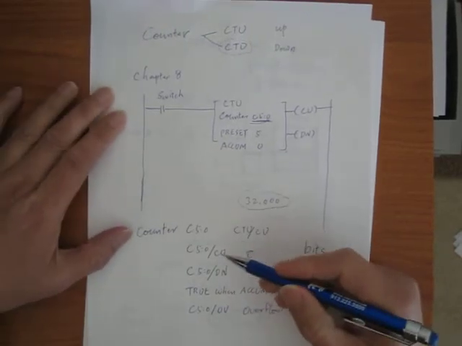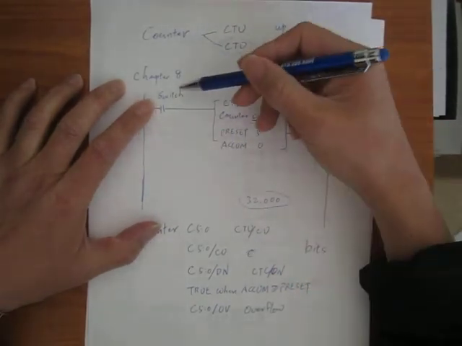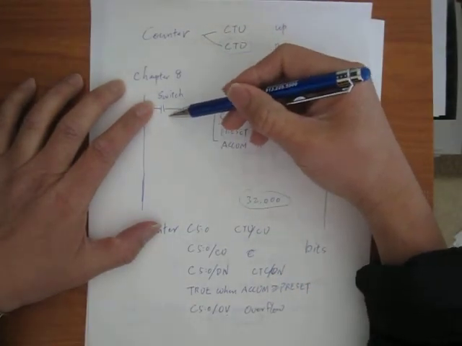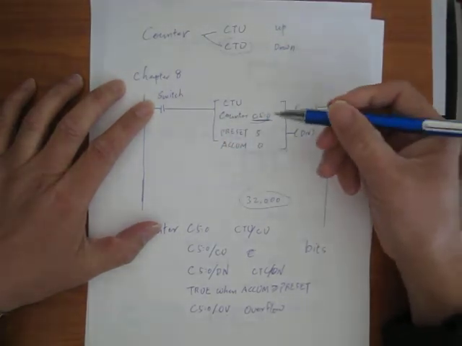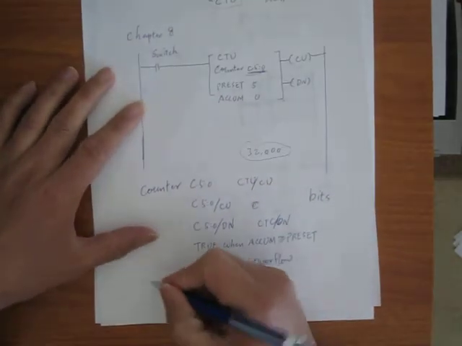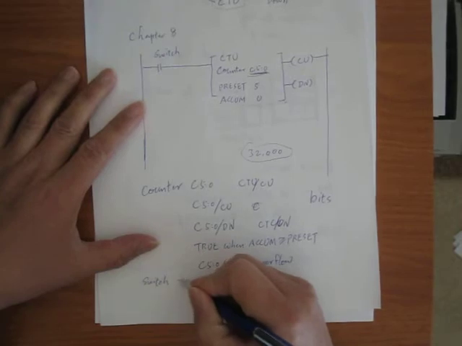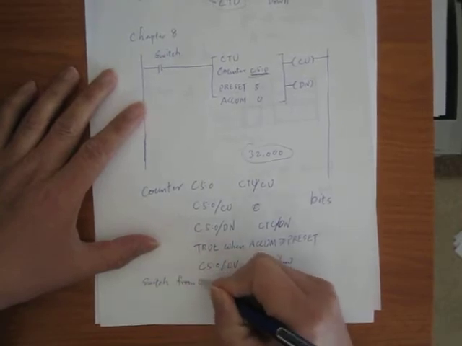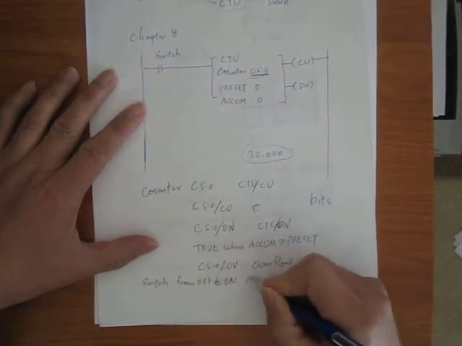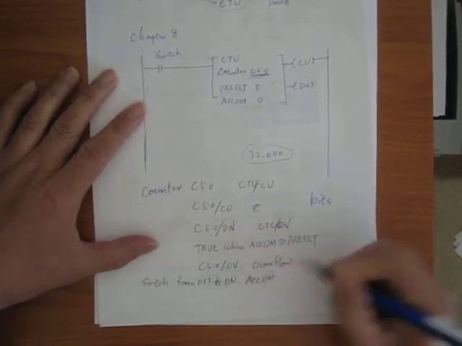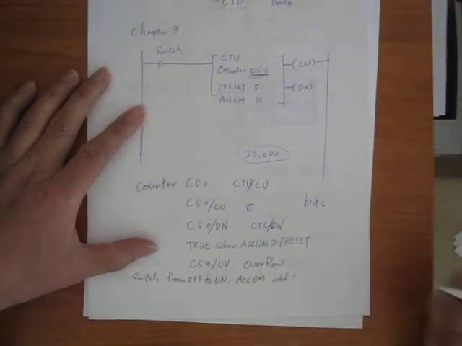Now let's take a look at accum here. We know when the switch is on, CU is on. And when the sensor switch goes from off to on, accum will add 1 to this number here.